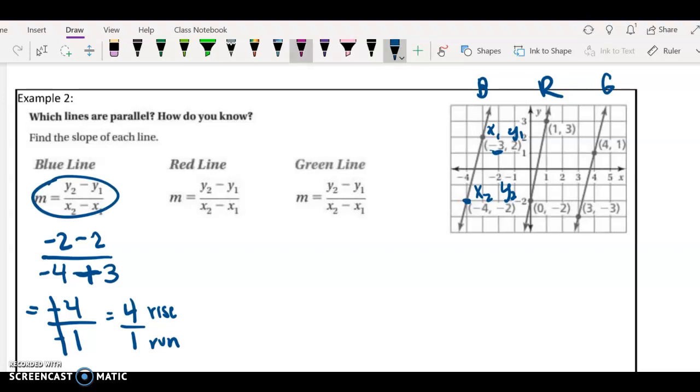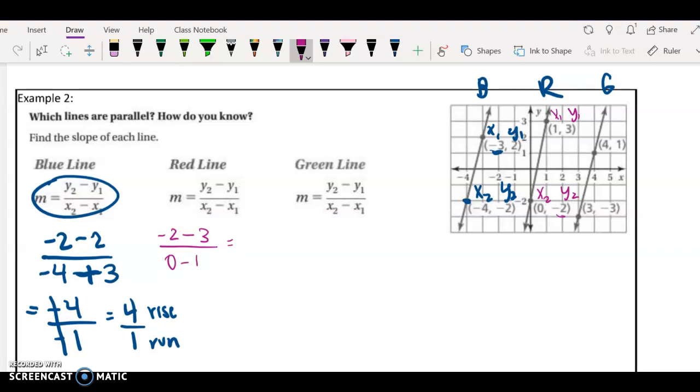For my red line, we have to label it: x1, y1, and x2, y2. So we have my y2 is -2 minus my y1, which is 3, over my x2, which is 0, minus my x1, which is 1.